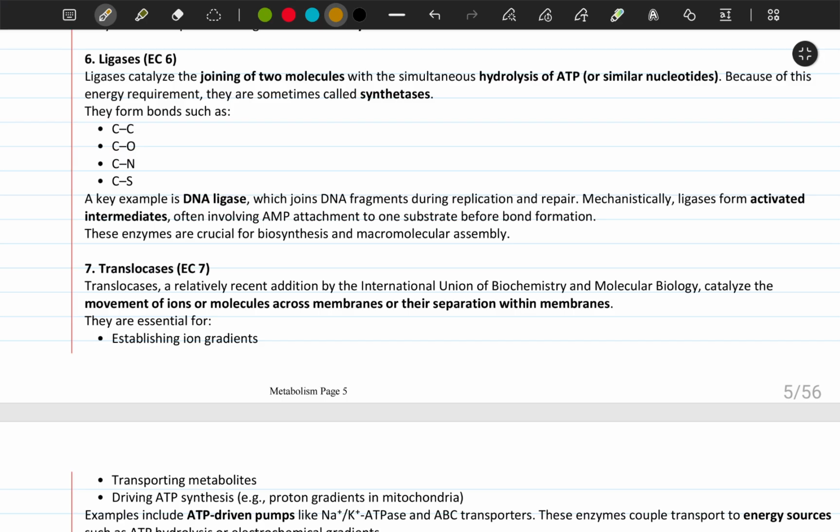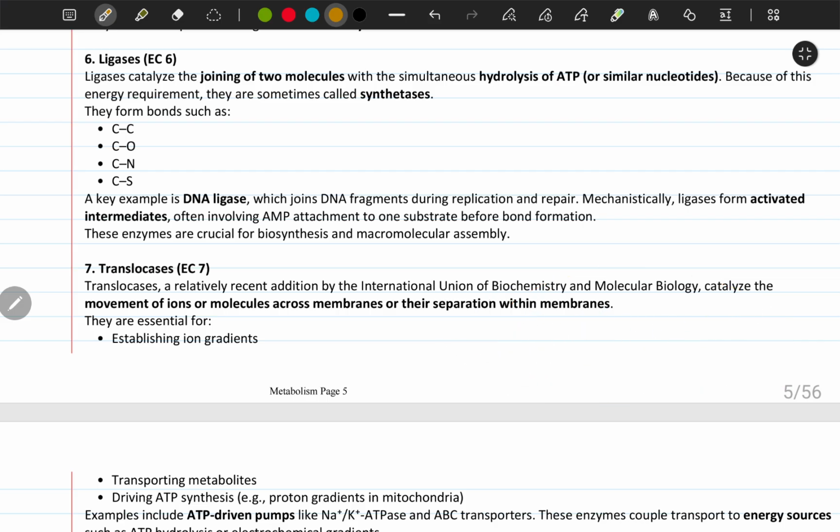They catalyze the movement of ions or molecules across the membrane, or their separation within the membrane. So we are seeing movement of ions across the membrane, or their separation within the membrane. This is what we are seeing in this.